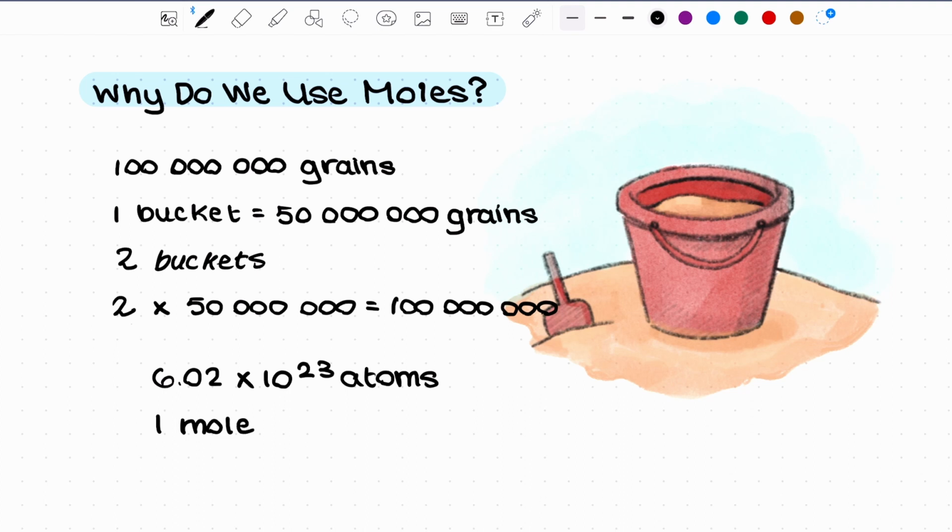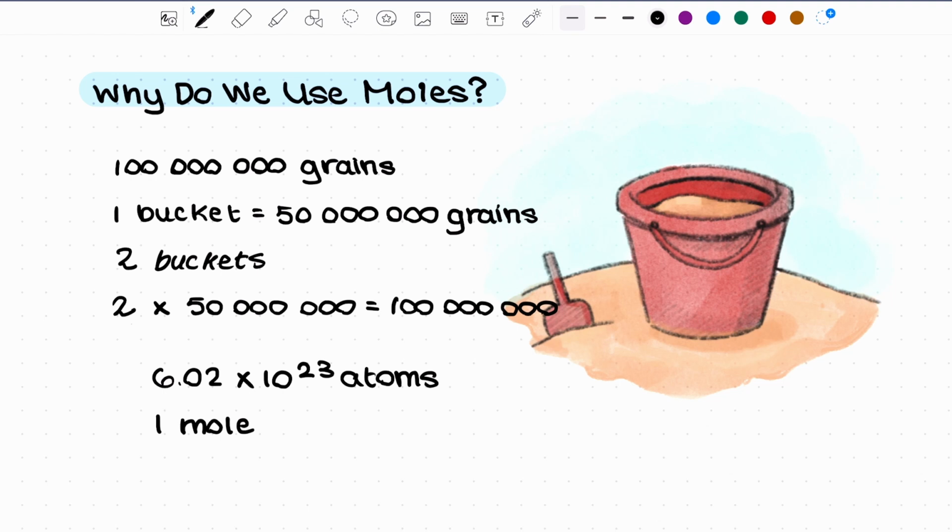And so using moles allows us to simplify chemistry while at the same time acknowledging the relationship between how much of it there actually is and the numbers that we use. So the microscopic, that's the 6.02 times 10 to the 23, and that more simple number, 1 mole, that we attribute to it in chemistry.